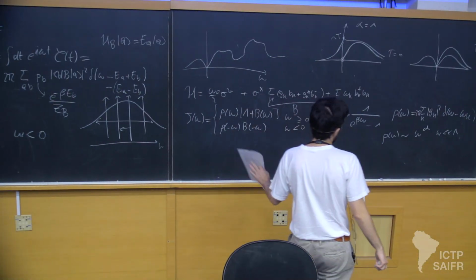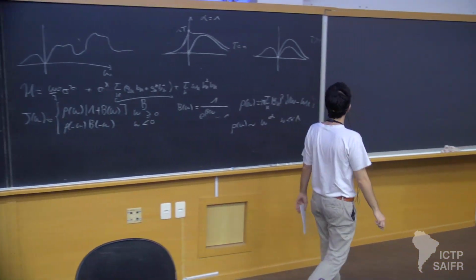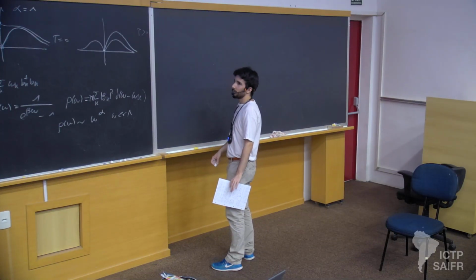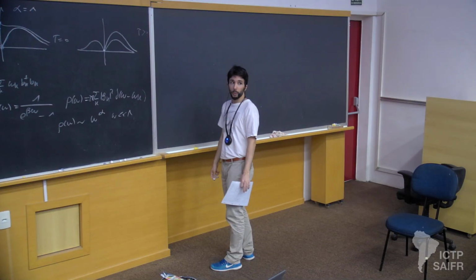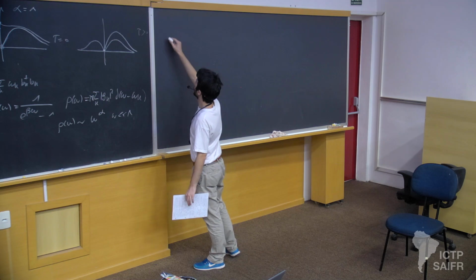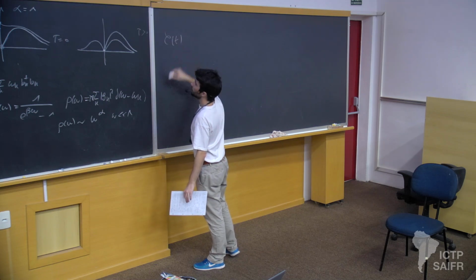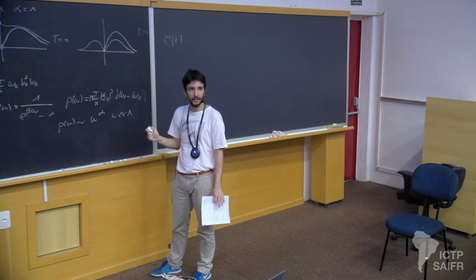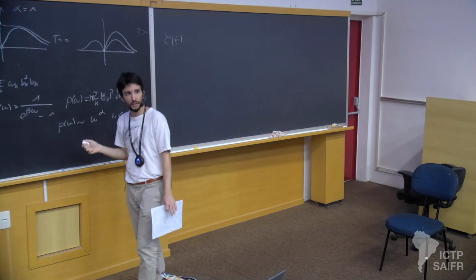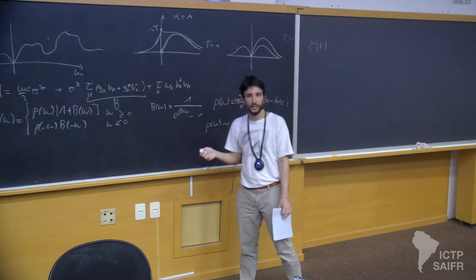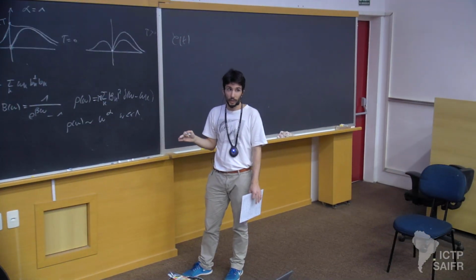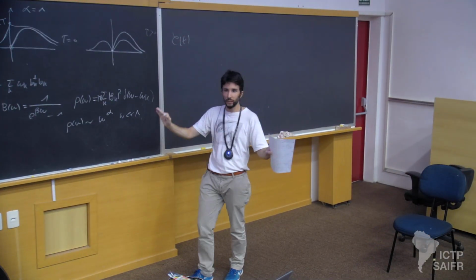Also, this means that the behavior of C of t, if you look at real time, is generally power law, because the Fourier transform of a non-smooth function generally decreases at large times slower than an exponential. This is a general theorem of Fourier transforms.